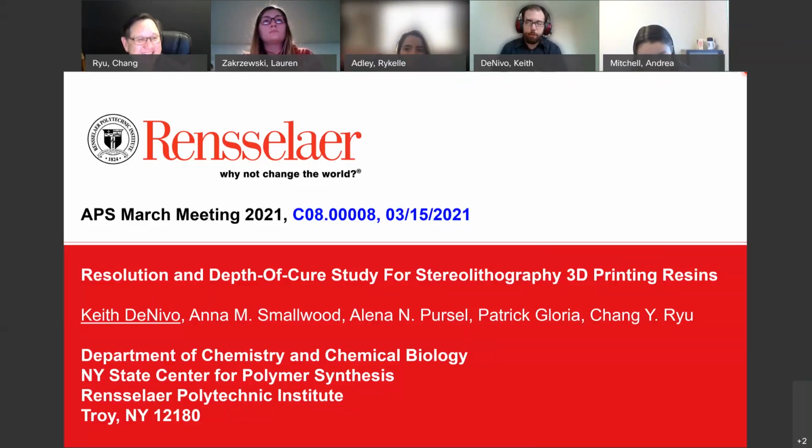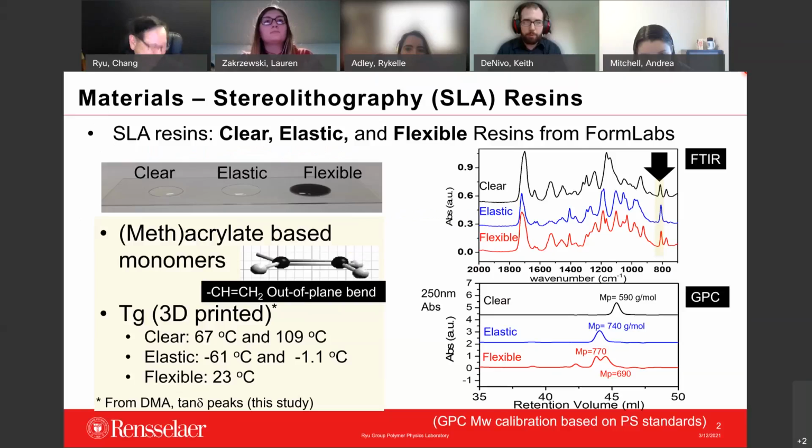Okay, so let me start off with the materials I used for stereolithography. I used 3 resins that are available from Formlabs. They are called clear, elastic, and flexible. They're all methacrylate-based monomers. And to characterize them, we used the FTIR.